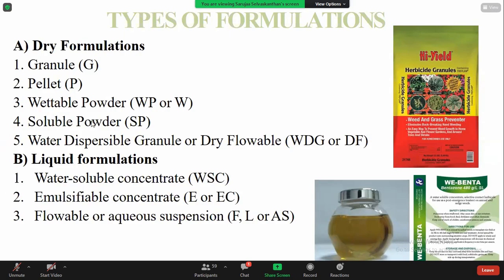Then liquid formulations: water soluble concentrate, WSC, then EC, FL, AS, FO, LO. But here also there is no need to go deeply. I just need you to know the types available, that is enough.